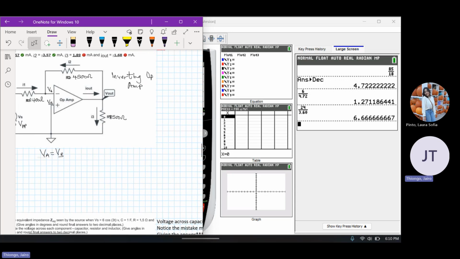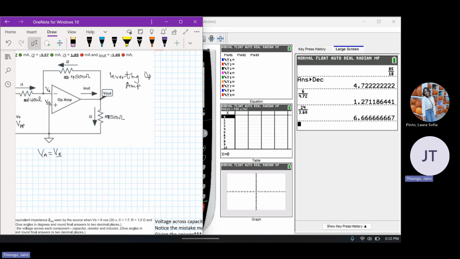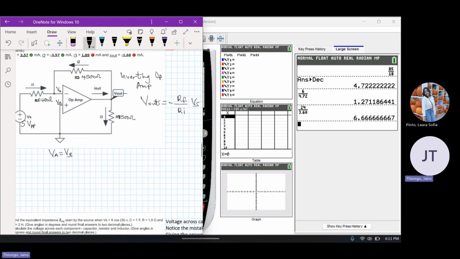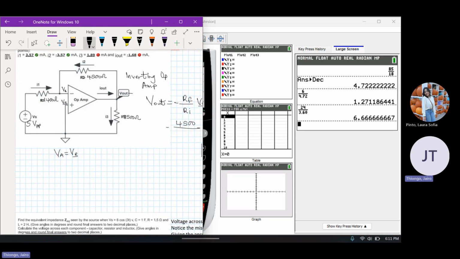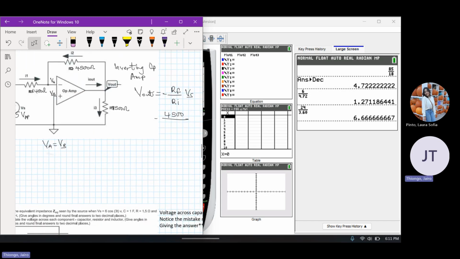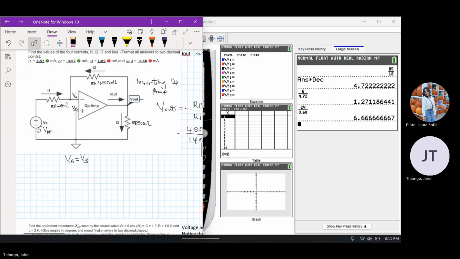Since this is an inverting op-amp, the first thing a student should do is find the value for V out using the formula given: V out equals minus RF over R input, multiplied by Vs. So our RF is 4,500, minus 4,500 over our input, which is 1,400, all multiplied by 5.